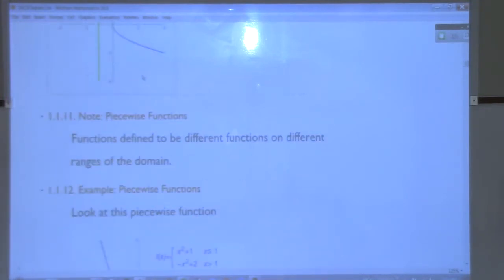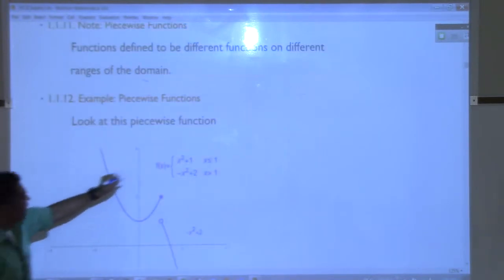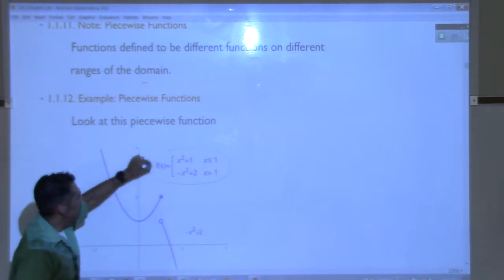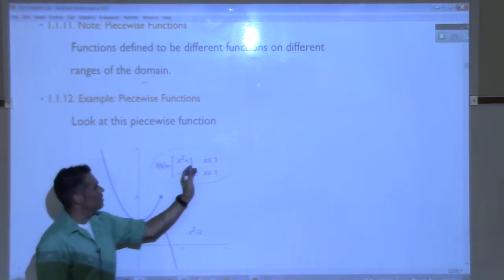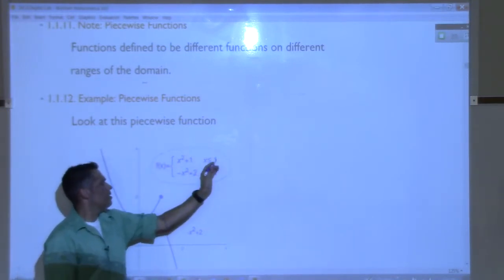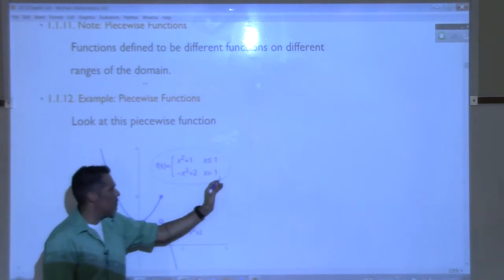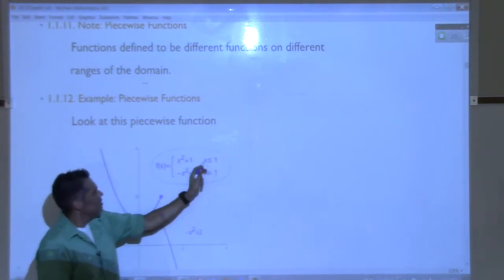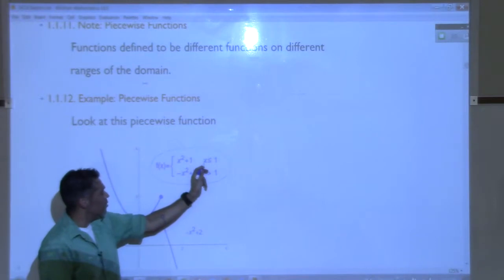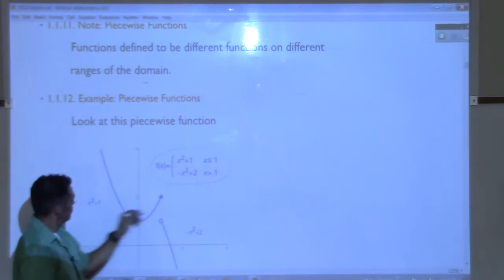All right, remember piecewise functions. These are functions that are defined or written this way. So it's a certain function on one part of the domain and then a different function on another part of the domain. So like here, as long as our x is to the left of or equal to 1, we're going to be this parabola that opens up.